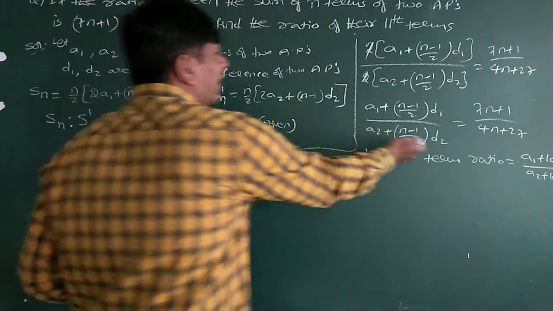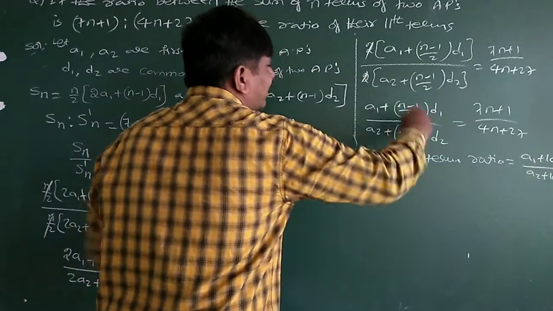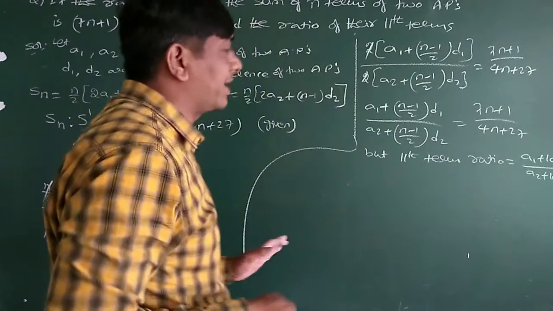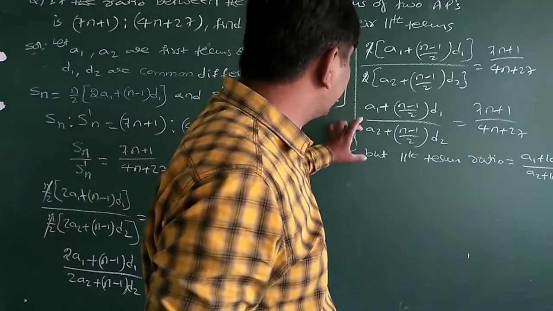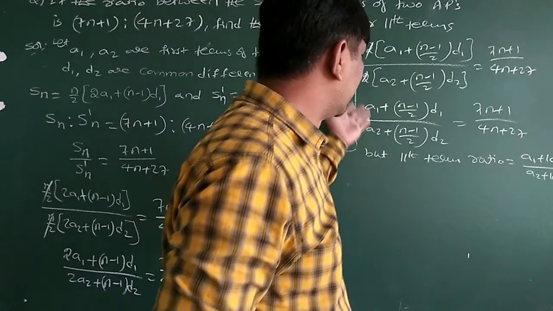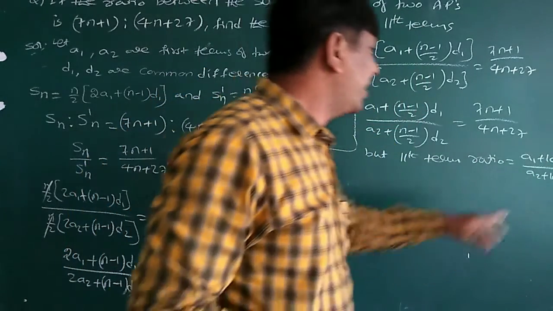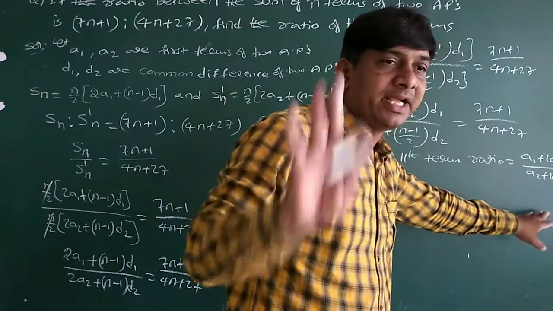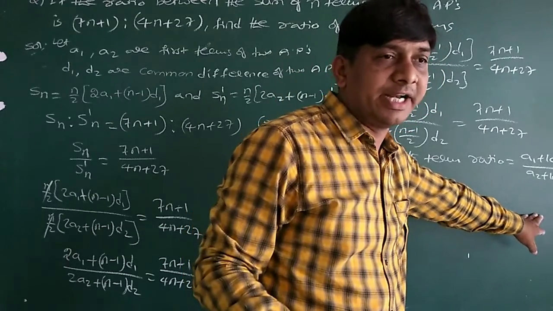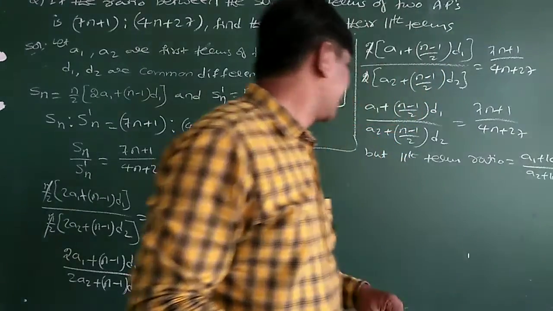After simplification I got the nth term formula. These are the nth term ratios, and the 11th term ratio is what I required: a1 plus 10d1 by a2 plus 10d2.